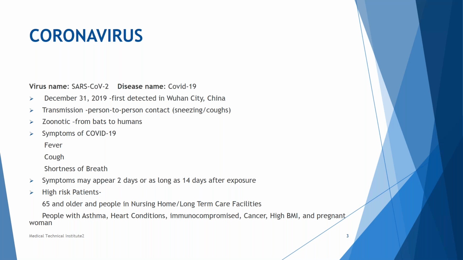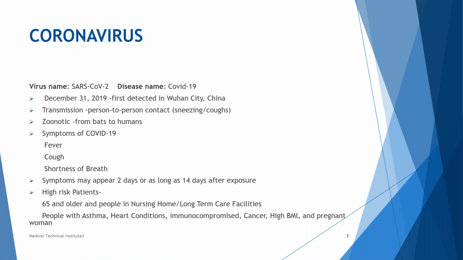The symptoms of COVID, for the most part, the most common ones were and are fever, cough, and shortness of breath. The symptoms may appear 2 days or as long as 14 days after exposure. That's why we're quarantining if you have it for at least 14 days. The first 7 days are the contagious days, and thereafter, you still have to recover.